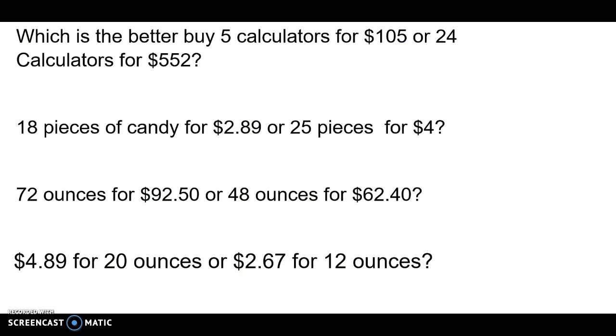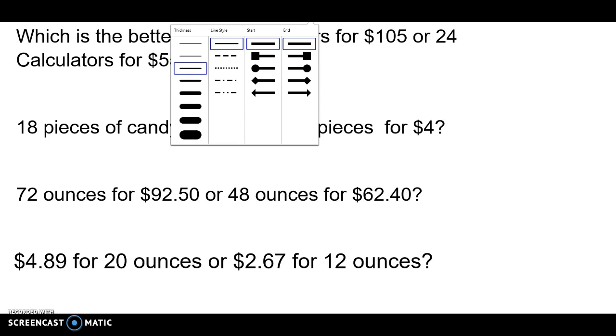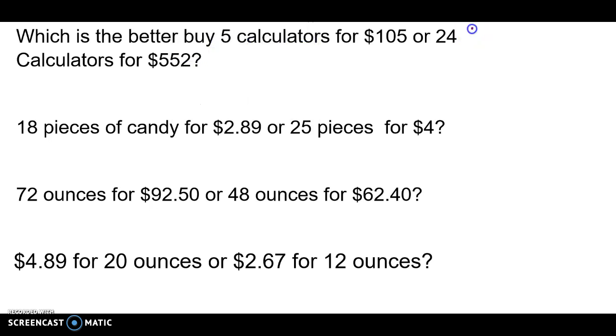Okay, I'll do one more example and then you've got a couple to practice. So which is a better buy? 5 calculators for 105 or 24 calculators for 552? For all of these problems, you cannot just look at them and guess or tell. You need to actually work out both options and then pick which one is cheaper. Remember, we always want to do money over items.